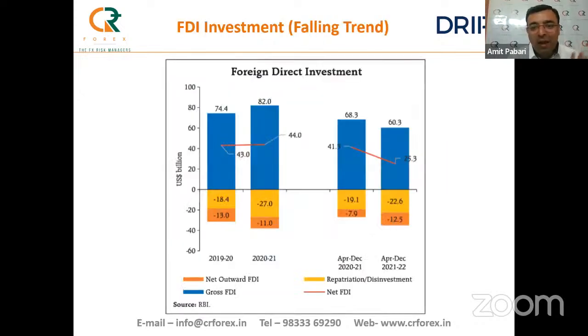Now let us see FDI also. 19-20, 20-21, 21-22, FDI is falling. FDI भी conservative रहेगा. Why FDI will be conservative?